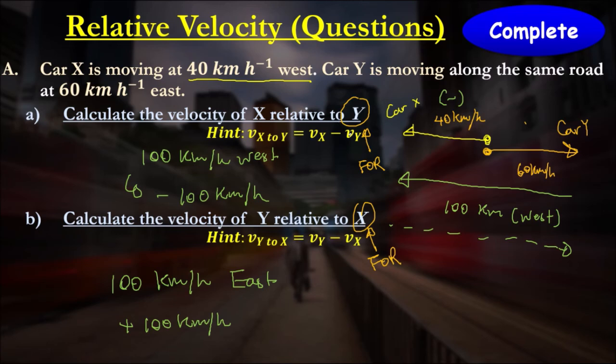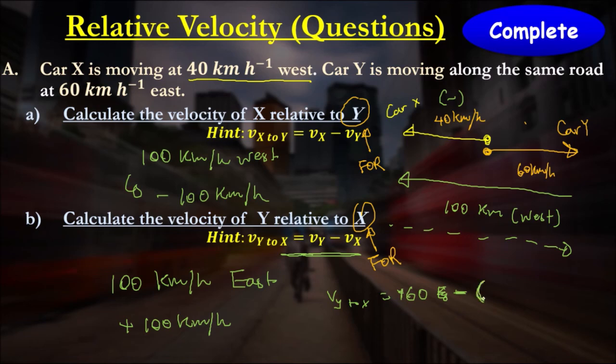If we want to try and solve for it using vector equations, let's look at this example here. So according to Vy relative to Vx, Vy has a velocity of 60 kilometers east, or so to speak, we could say it's plus 60. Car X is moving 40 kilometers, so using our vector analysis, negative 40 kilometers west.